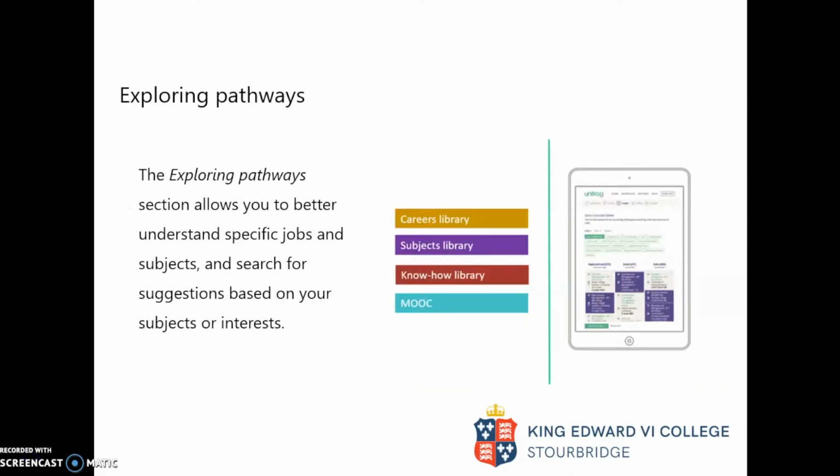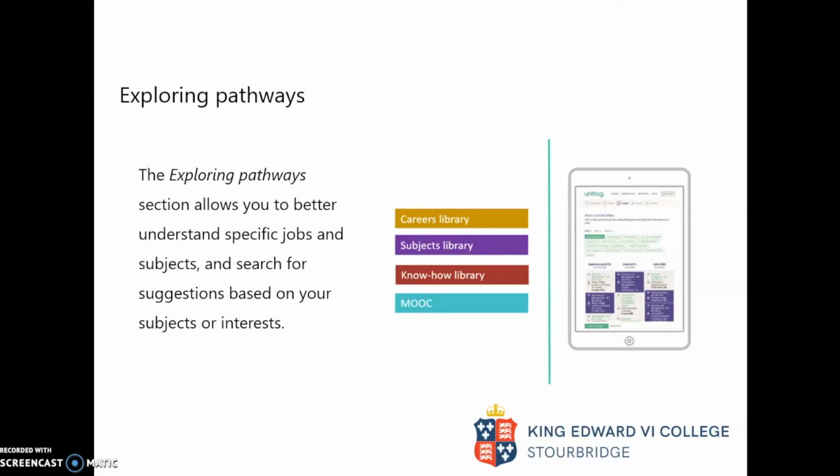The first section, Exploring Pathways, basically allows you to search and better understand specific jobs and gives you suggestions based on subjects or interests. So you can go on the Careers Library and it'll suggest various different specific careers, or the Subjects Library, which will suggest, as the name suggests, subjects that you might consider.